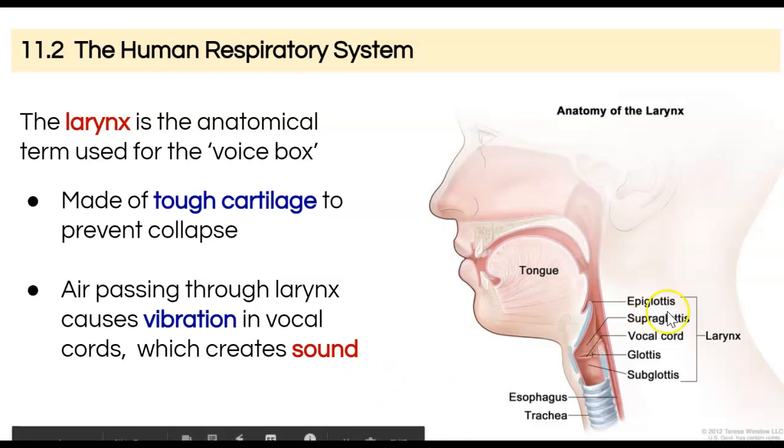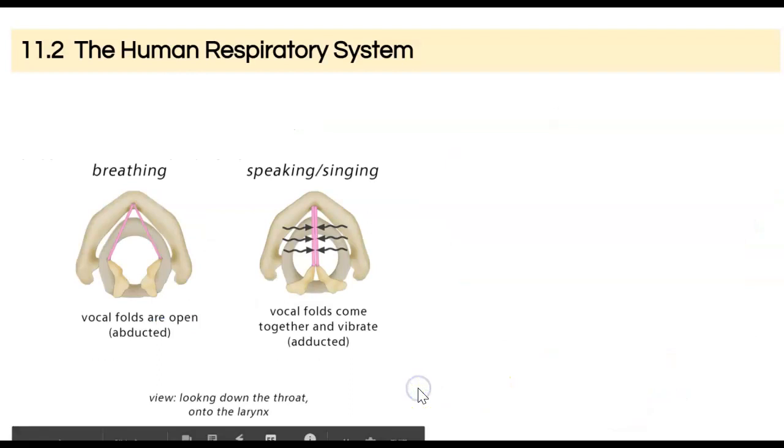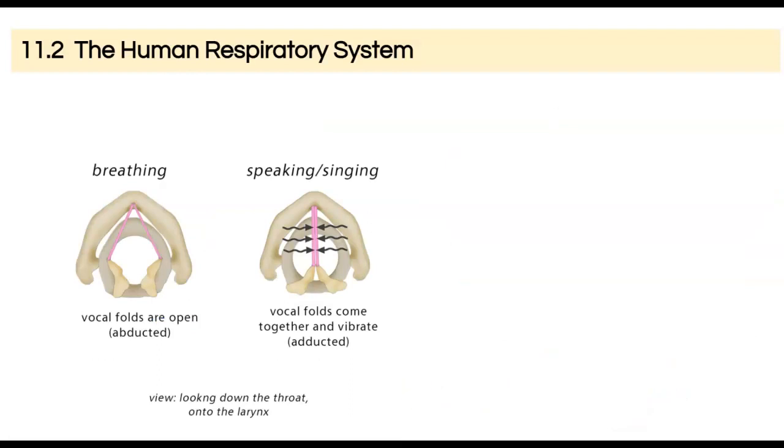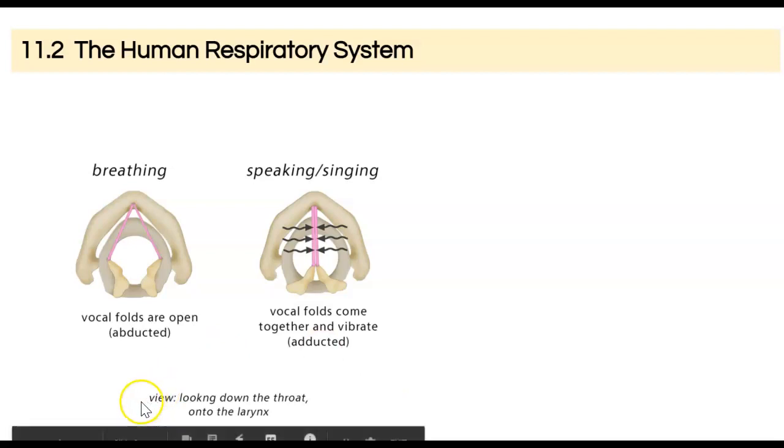I'm going to talk a little more about some of these other structures in a minute, but let's first take a look at this, which is more of an FYI. You don't really need to know the structures here, but it is interesting. Imagine you're just looking down on your throat. The air is going in here.